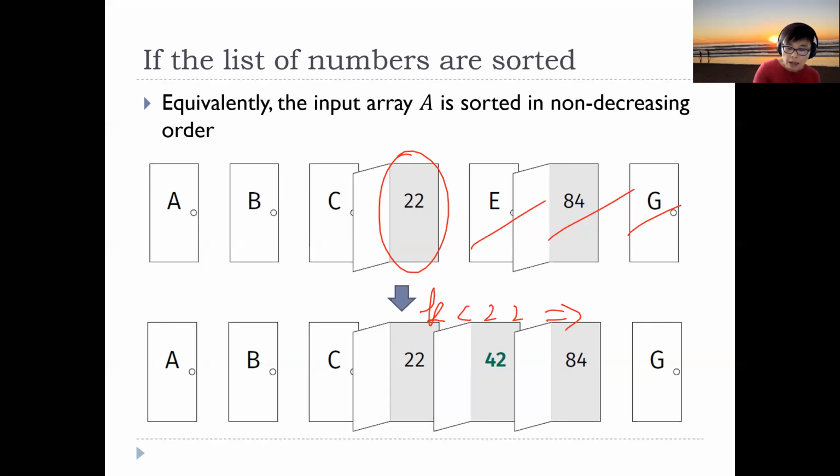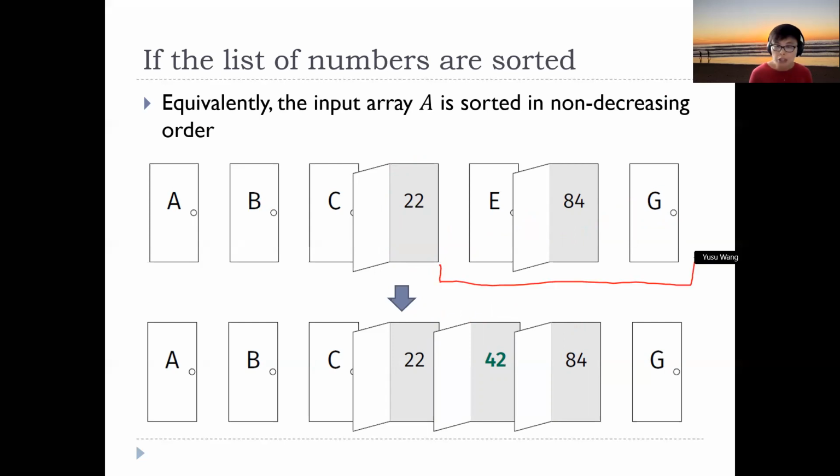Then, as we described earlier, the next step I perform is the same. So now we're only in this portion. I already know 42, since it's bigger than 22, has to be to the right of 22. Now we again ask which door to pick. I pick the middle of the remaining doors, and then I continue till I find 42.